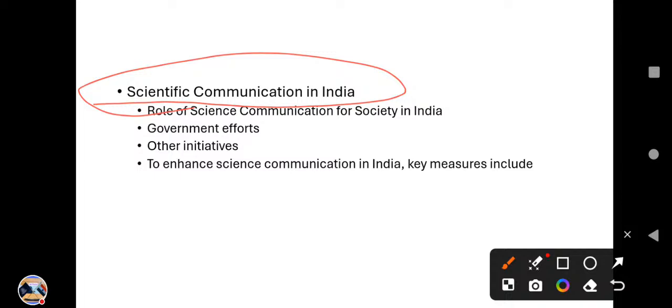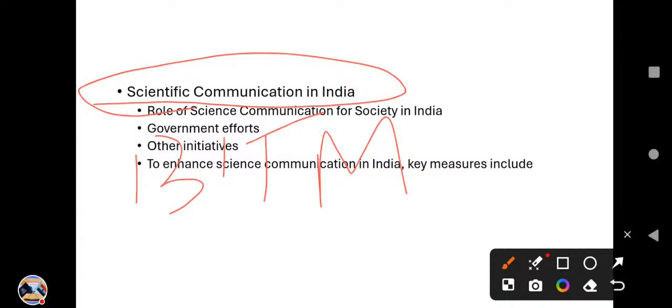First, the Publications and Information Directorate was established in 1951 under CSIR to promote scientific knowledge among society. And the Birla Industrial and Technological Museum was established in 1959, with the focus of defining India's scientific heritage and promoting science education.